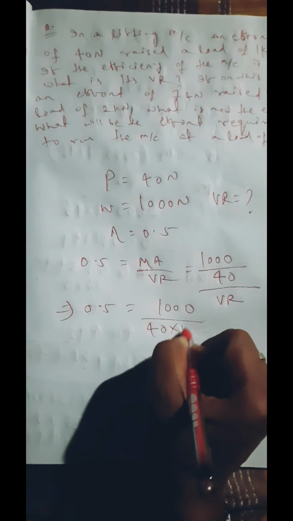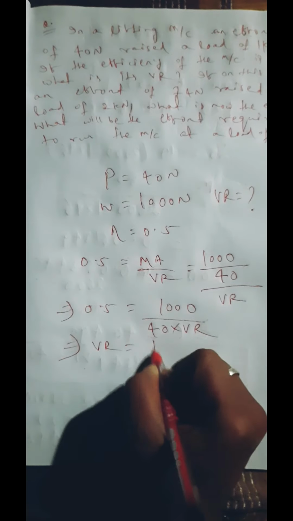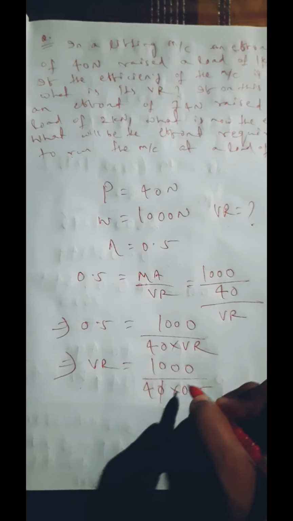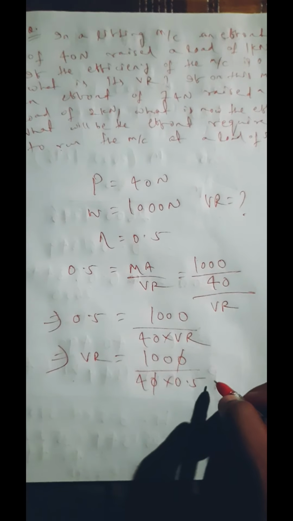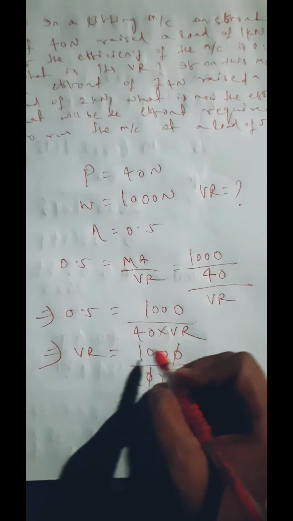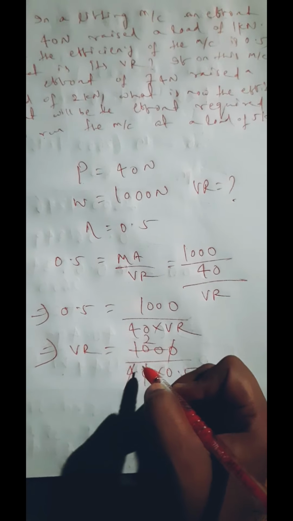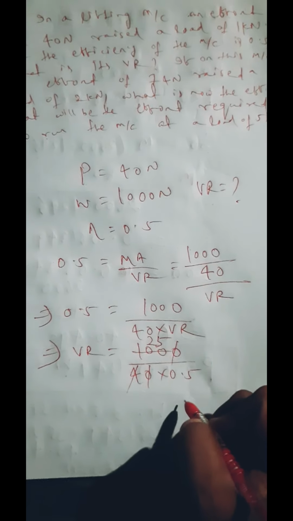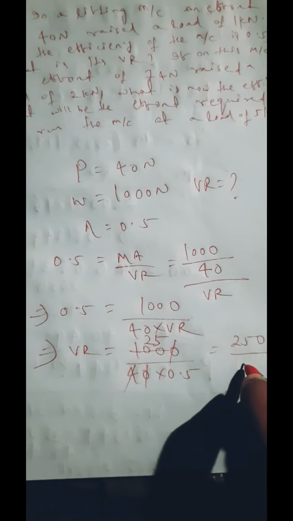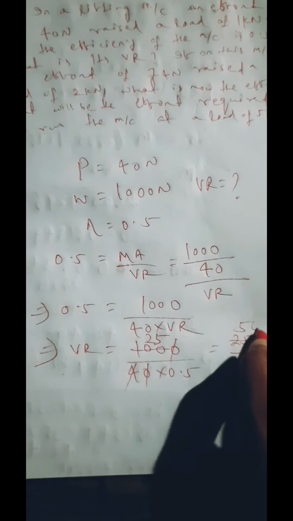That implies 0.5 equal to 1000 divided by 40 into velocity ratio, that implies velocity ratio equal to 1000 divided by 40 into 0.5. That implies velocity ratio is 50.